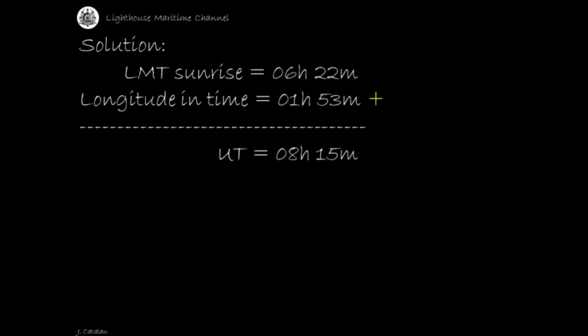Solution. LMT sunrise is equal to 06 hours and 22 minutes, added by longitude in time, which is equal to 01 hour and 53 minutes. The result is the universal time, which is equal to 08 hours and 15 minutes. Where did I get 01 hour and 53 minutes?